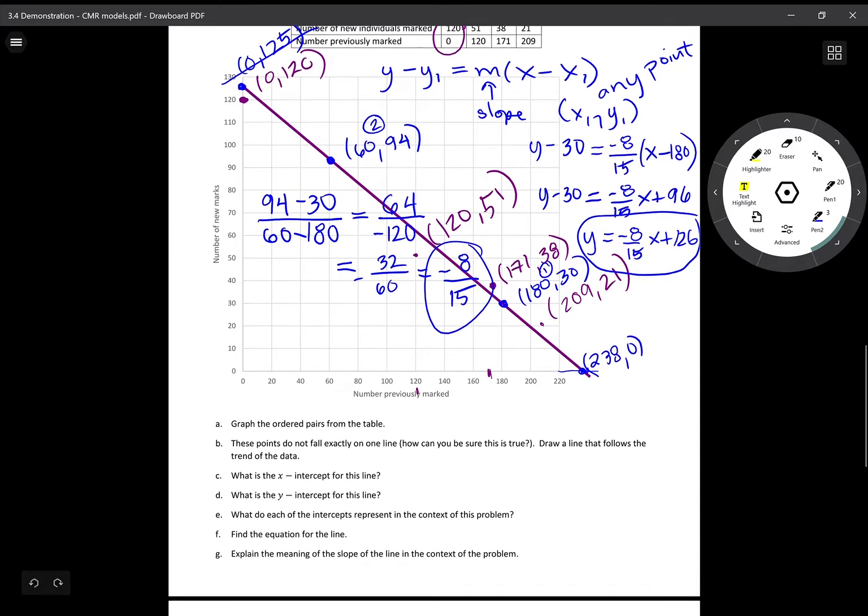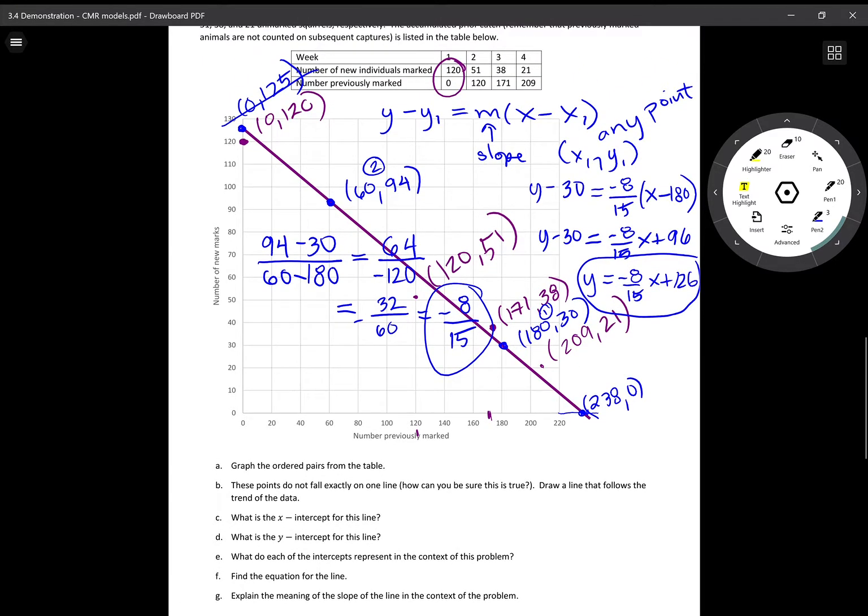Okay, last thing I'm going to do with this one is another slope explanation. So remember again, we have negative 8/15 as our change in y over change in x. And our y represents the number of new marks, and our x represents the number previously marked.